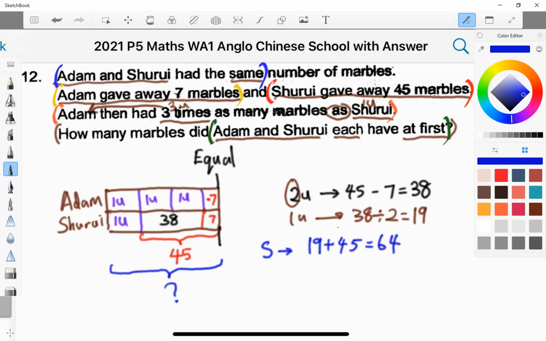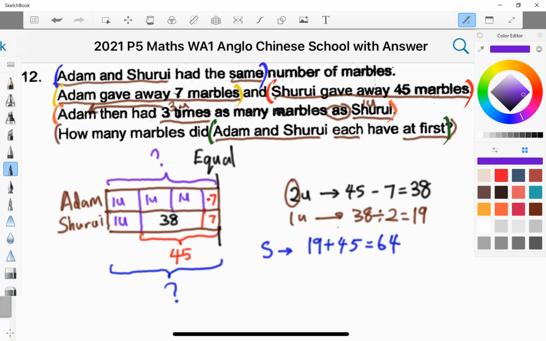Like what we mentioned in earlier videos, the best way of checking is not to redo everything, not to work backwards, but to use another way to get to the answer. Since I found Shure at first to be 64, I would love to find Adam at first.